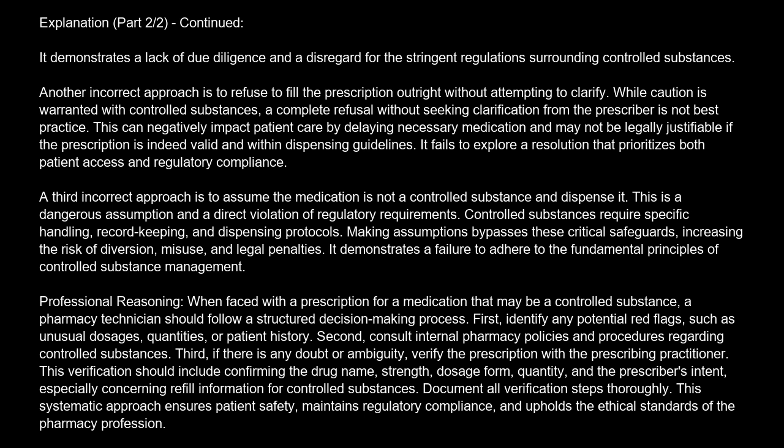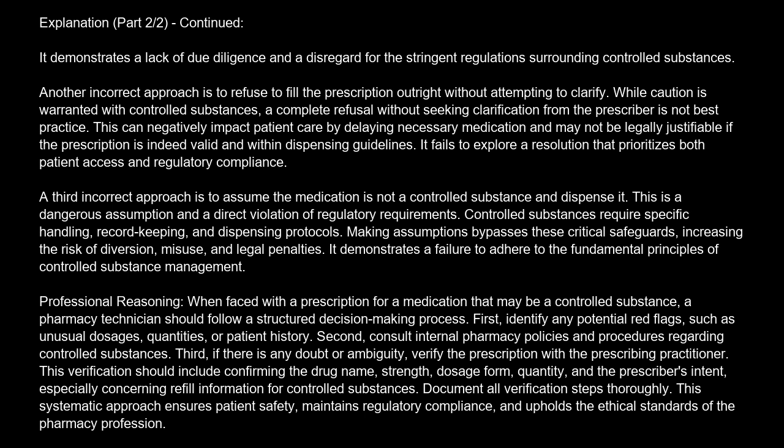Professional reasoning. When faced with a prescription for a medication that may be a controlled substance, a pharmacy technician should follow a structured decision-making process. First, identify any potential red flags, such as unusual dosages, quantity, or patient history. Second, consult internal pharmacy policies and procedures regarding controlled substances. Third, if there is any doubt or ambiguity, verify the prescription with the prescribing practitioner.